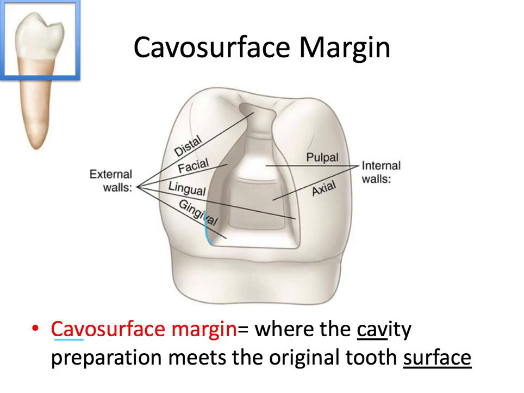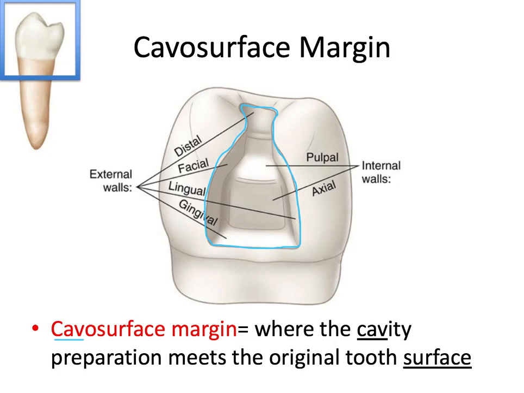If we trace this around here, this is where the original untouched tooth surface meets the cavity preparation that the dentist has done. So that is the entire outline of the cavity preparation. That is the entirety of the Cavosurface Margin in this case.